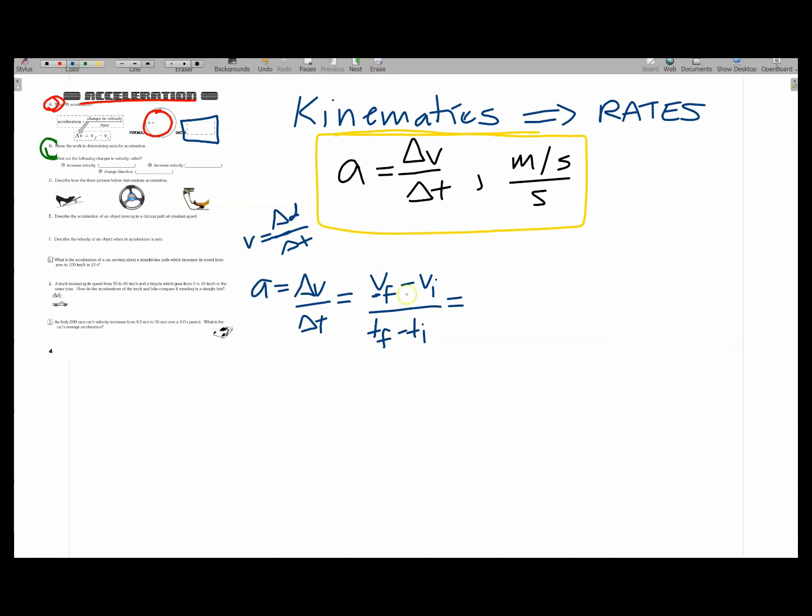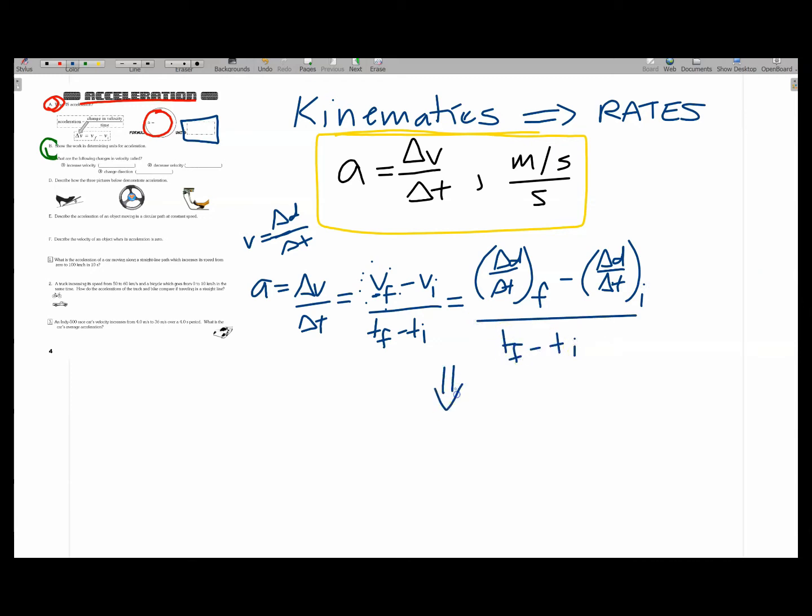So I could change this right here to a rate of displacement final. So I've just substituted this expression for the v final, and then subtract the initial velocity, over t sub f minus t sub i.